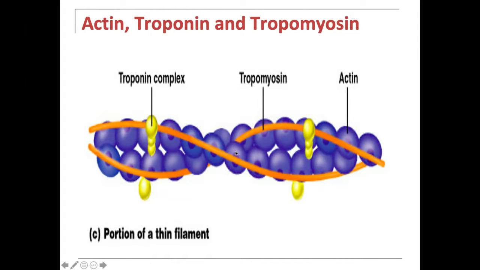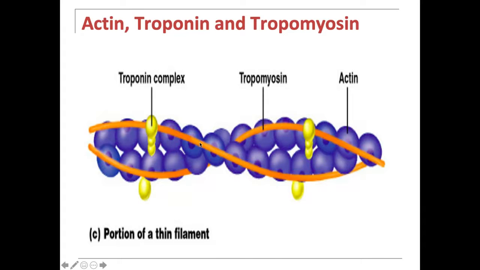So here, now we have all these G molecules of actin. We could see tropomyosin, and we could see, in this case, the troponin is now yellow. So troponin is the staple that holds the tropomyosin in place. You see the binding sites are not exposed. They are covered. So when calcium comes in, calcium removes the troponin.